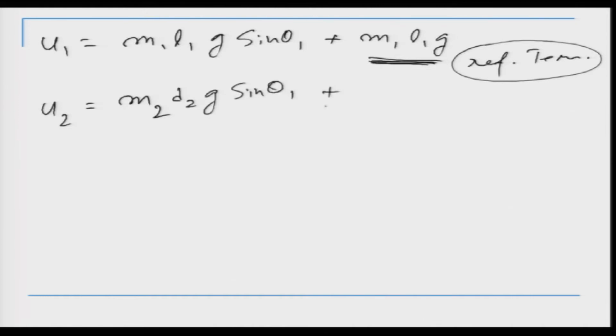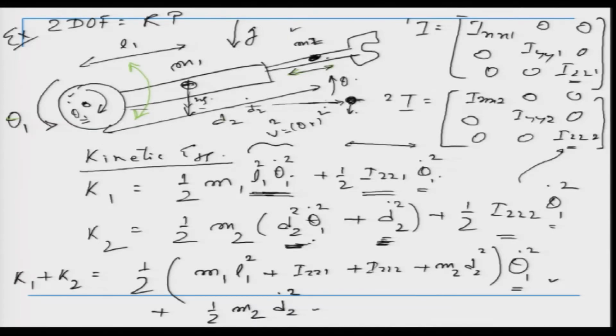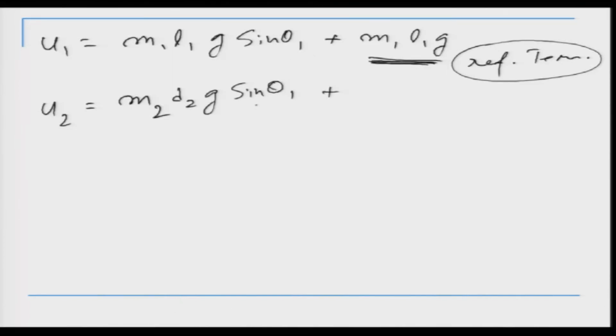Okay. So, theta 1 is the angle. If you note here again, as soon as this theta 1 changes, what will happen? The potential of the second link will also change. Okay. So, the potential energy of the second link also depends on this theta 1: m2 d2 g sin theta 1, plus it has a reference, which is m2 g d2 max.